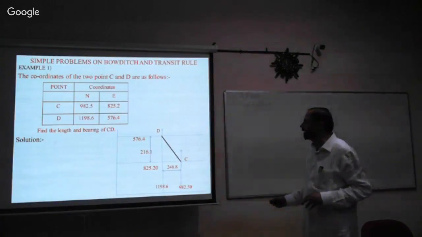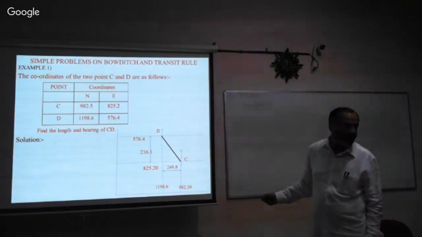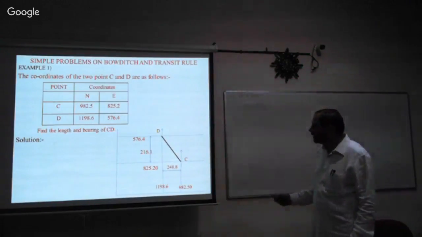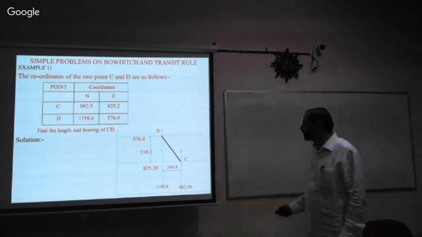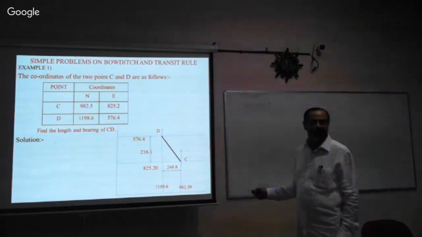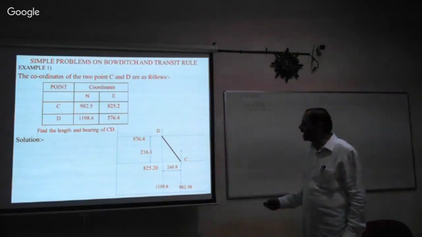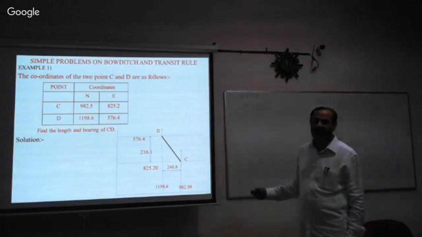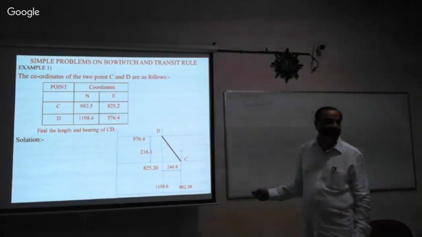This is the east coordinate of the point C, and this is the north coordinate of the point C. Got it? And similarly point D, the north coordinate from here to here is 1198.6, and the east coordinate from here to here is 536.4.